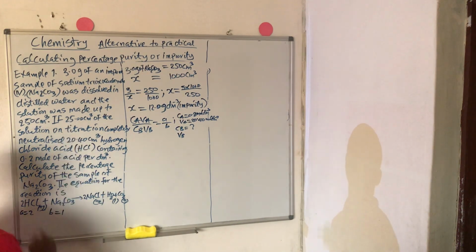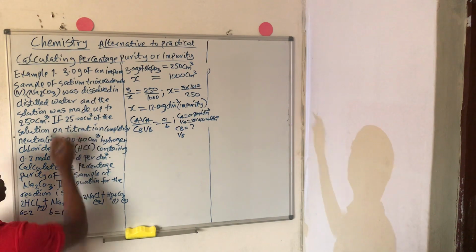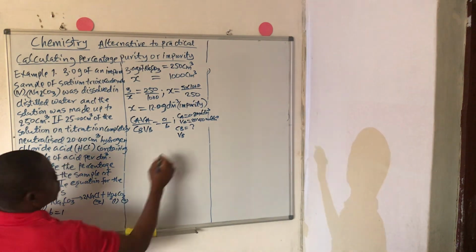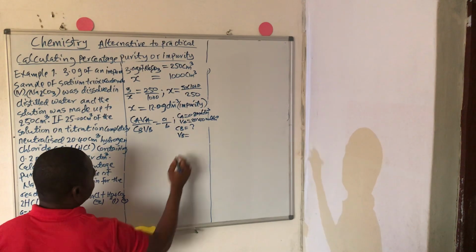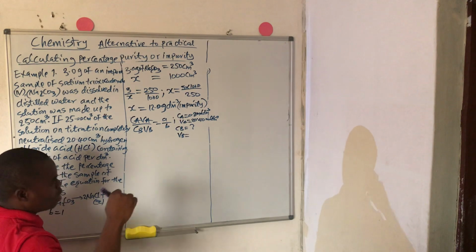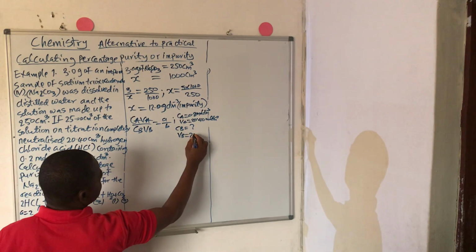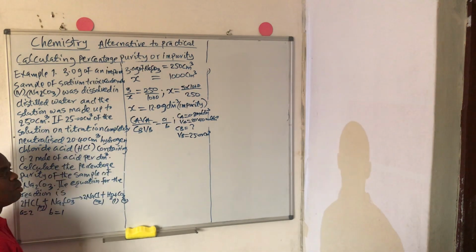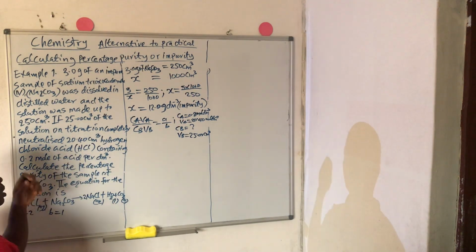For this question, they use 25, so be careful about this. So the answer for Vb is the pipette you use in the laboratory to suck off the base. It's 25.00 cm cube.